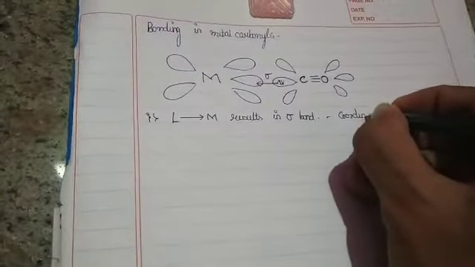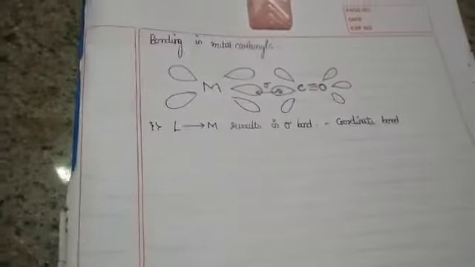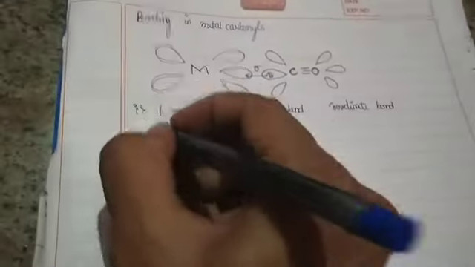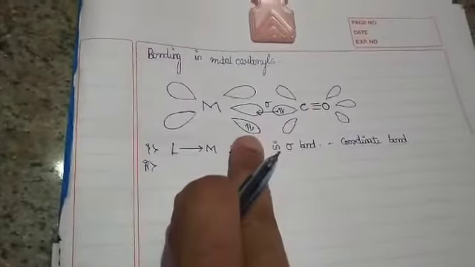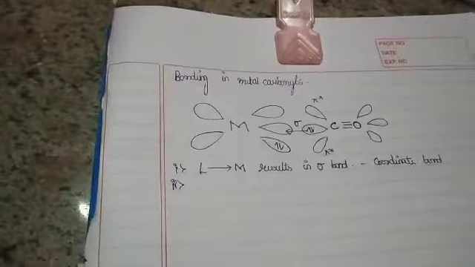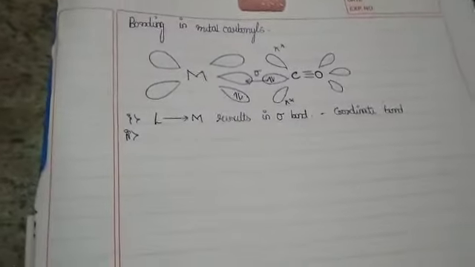It is actually a coordinate bond, but it doesn't stop over there. In turn, the electrons present in the d orbitals of your central metal atom or ion now overlap with the pi star. If you remember, we were dealing with sigma, sigma star, pi, pi star; the starred ones are called anti-bonding molecular orbitals.